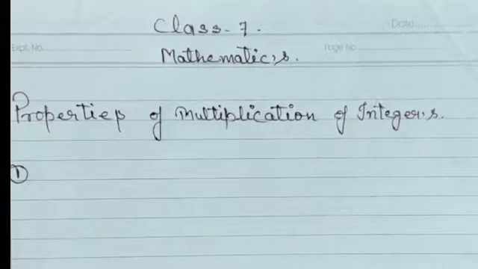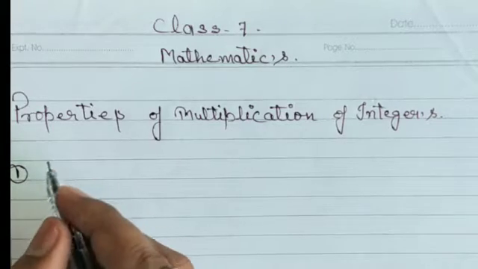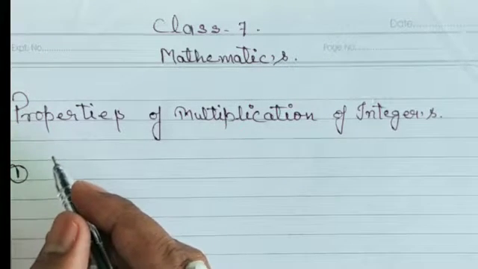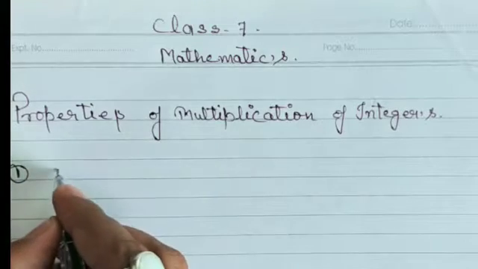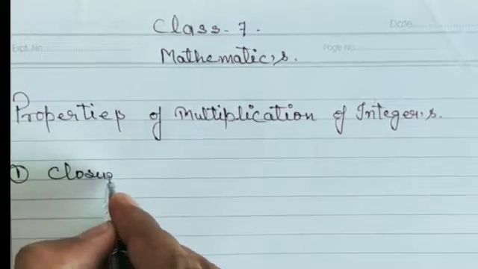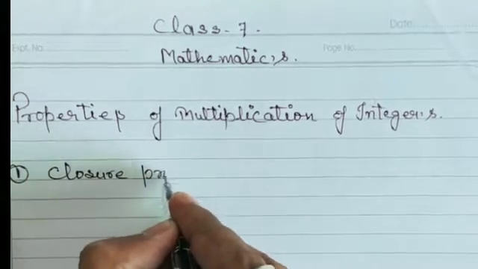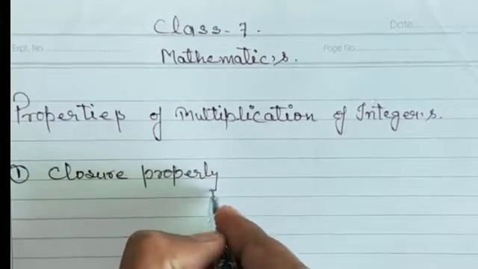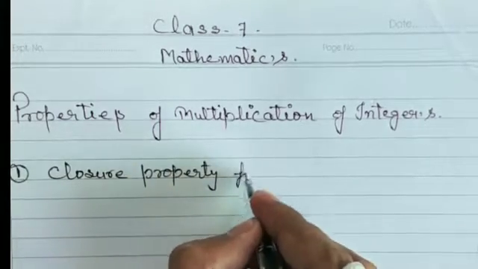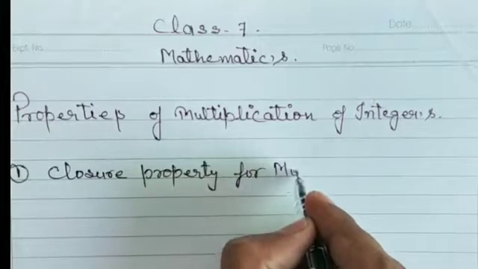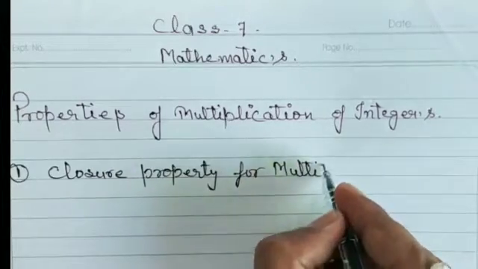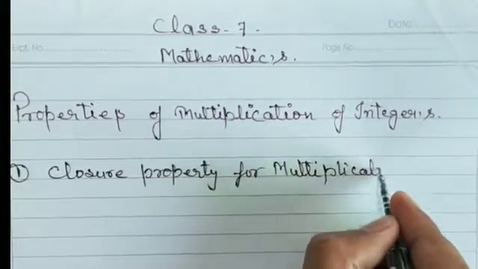The first property of multiplication of integers is the closure property for multiplication.